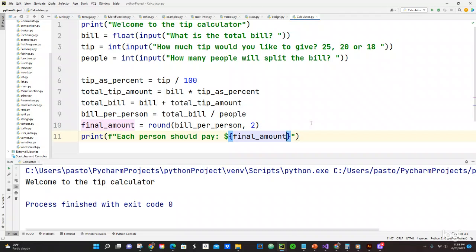Okay, all right, let's run the program and see what it gives us.